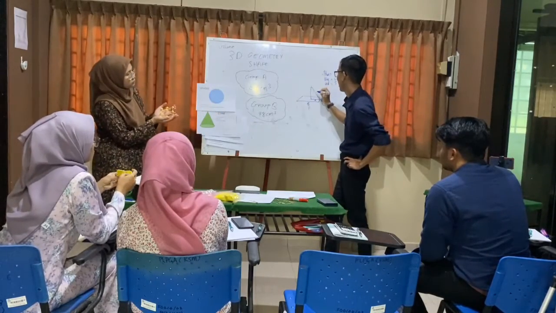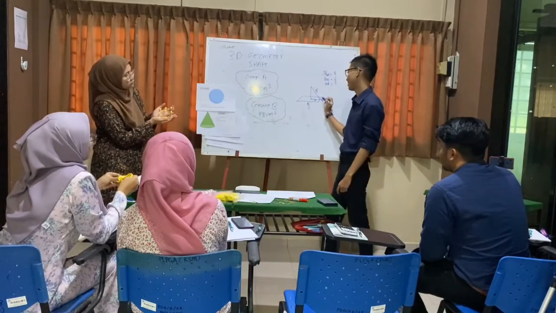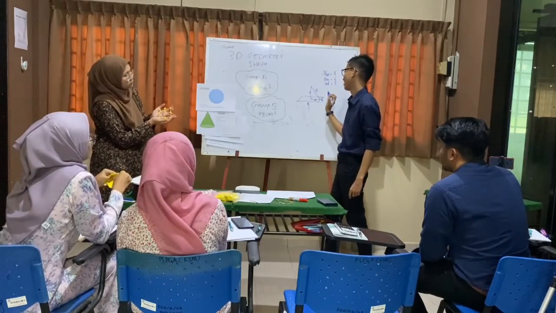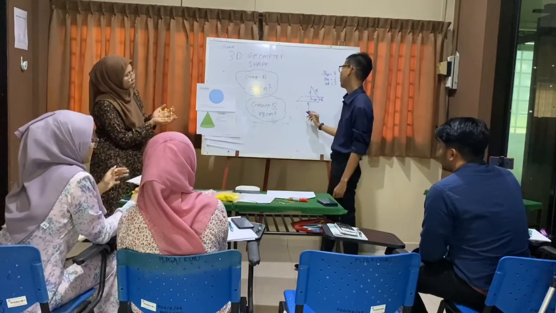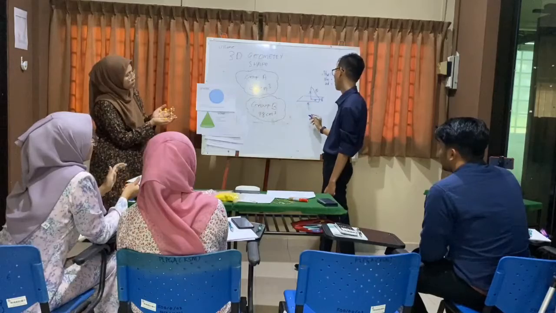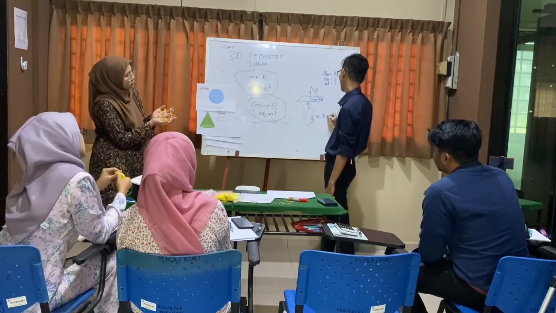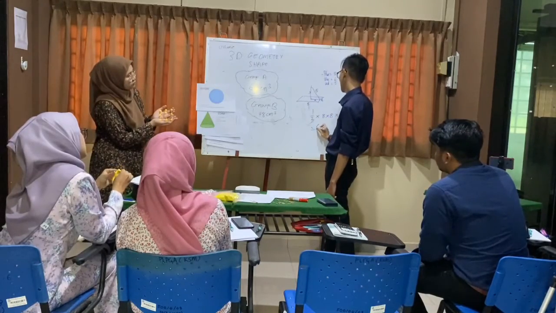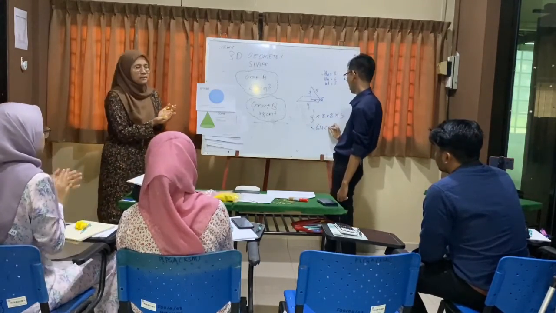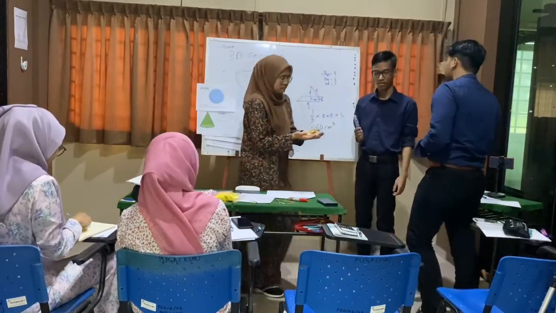Then we can get the height by using Pythagoras theorem. So the height is 3. So the equation for volume to get 64 is 1/3 times 8 times 8 times 3 equal to 64. Okay, good. You got the correct answer.